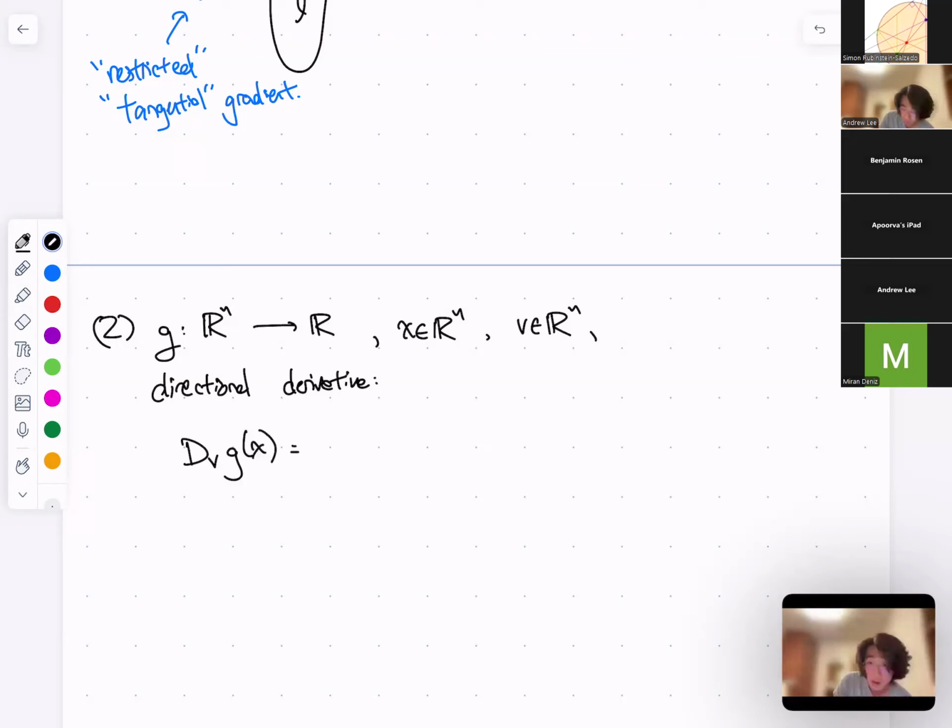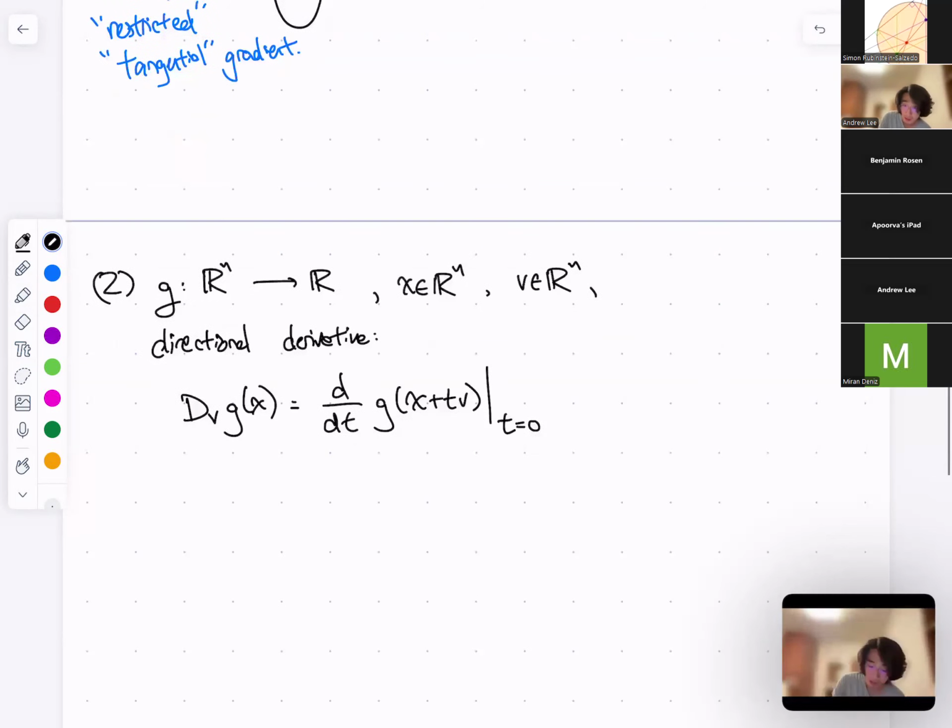I'm going to define it as the derivative of g of x plus tv, evaluated at t equals 0. And then in this context, x is a critical point if the directional derivative d_v g is equal to 0 for all v in Rn.